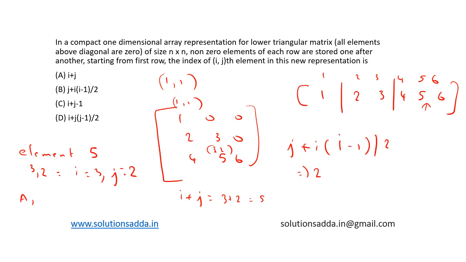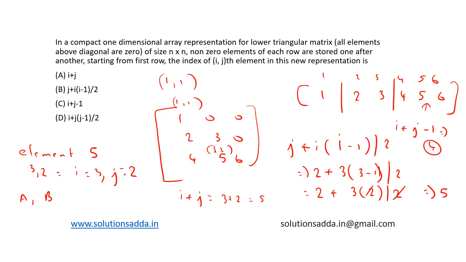Here we have 2 plus 3 into (3 minus 1) divided by 2. We have 2 plus 3 into 2 by 2. Cancelling this, we'll get the answer as 5. So B can also be a potential answer. Let's assume C, i plus j minus 1, which is equal to 3 plus 2, 5 minus 1, 4. C is not the potential answer.